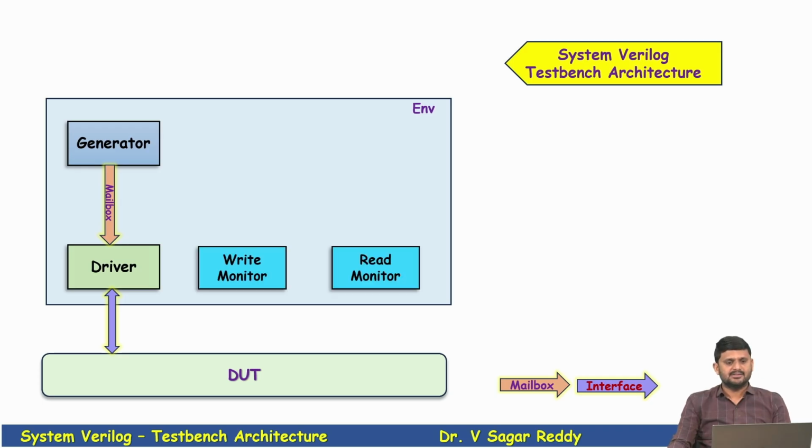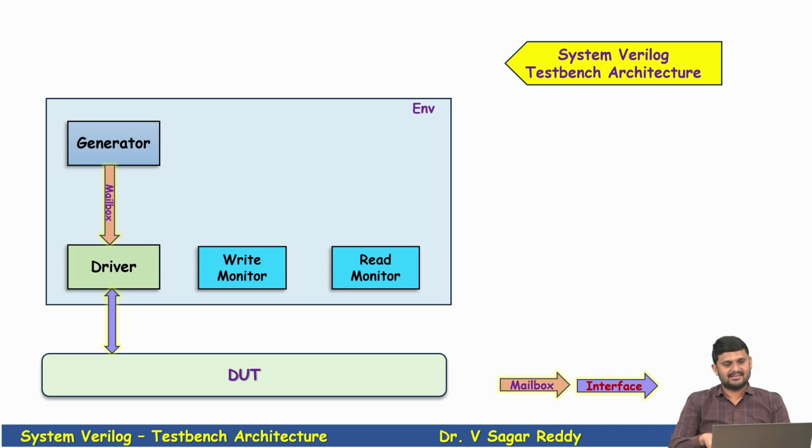And coming to the monitors, we have a write monitor and a read monitor. Notice that in this architecture we have two monitors, intentionally. First, it observes signal activity on the DUT interface, and it watches every signal transition, every bus change, every output the DUT produces. Second, it converts signal-level activity into transaction-level data.